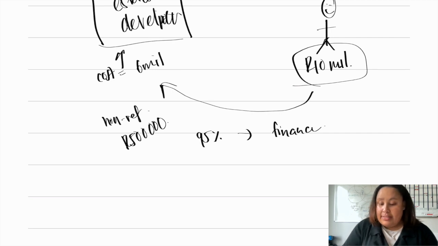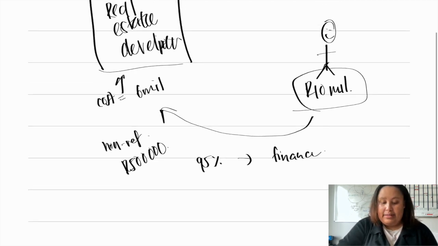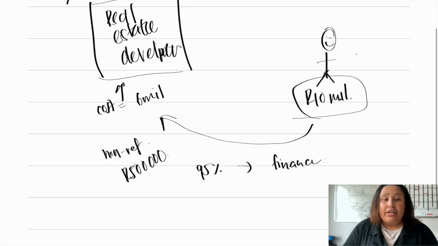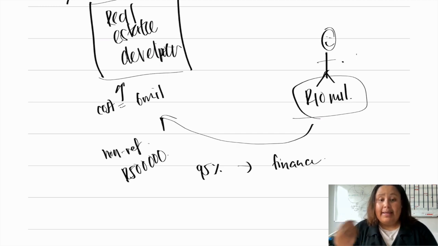This agreement is on a non-recourse basis. What this means is that if the customer is not able to pay for the building, the developer is able to reclaim the building. If the customer defaults, the developer can reclaim. However, the customer's liability is limited in that the developer can only get the building back, and if the value of the building is not enough to offset the remaining debt, then that's it.